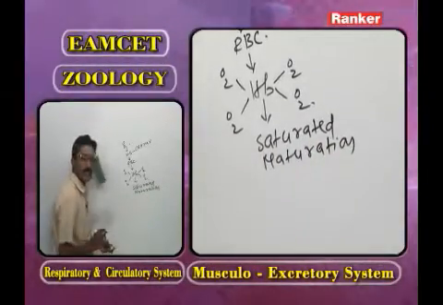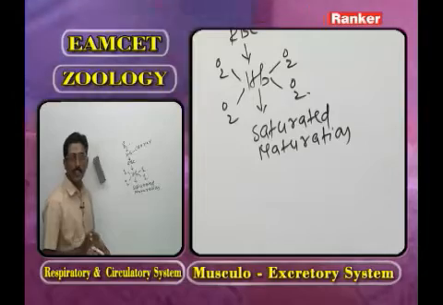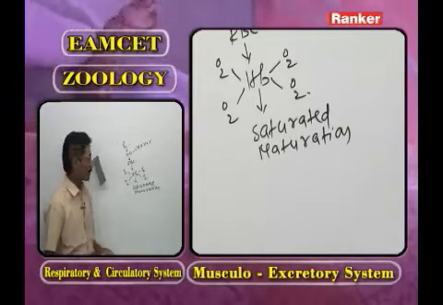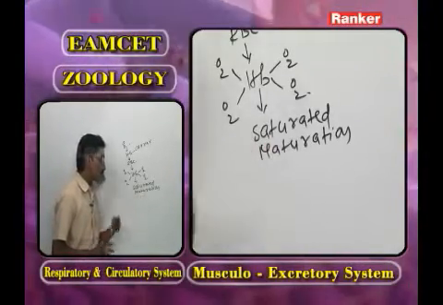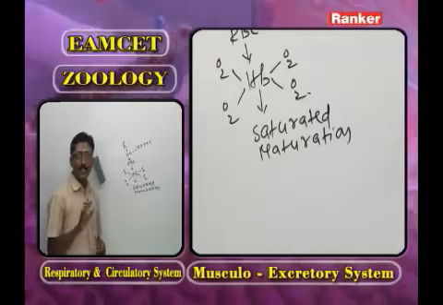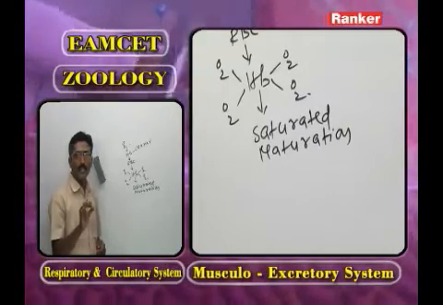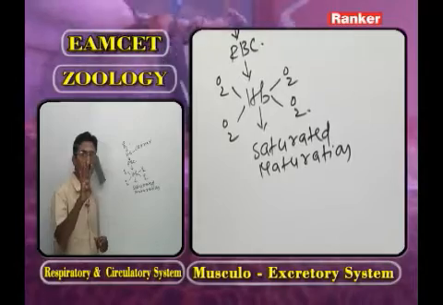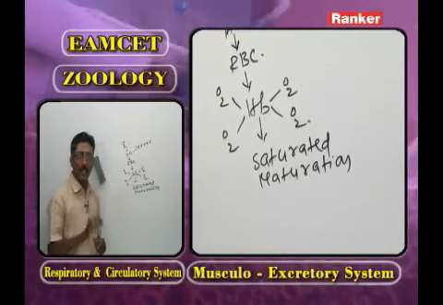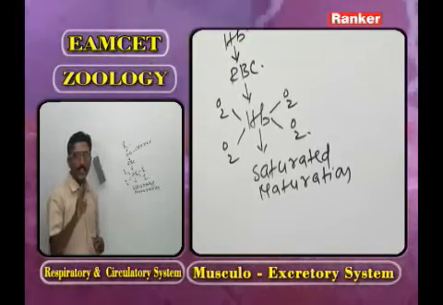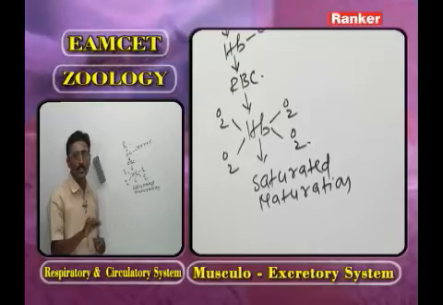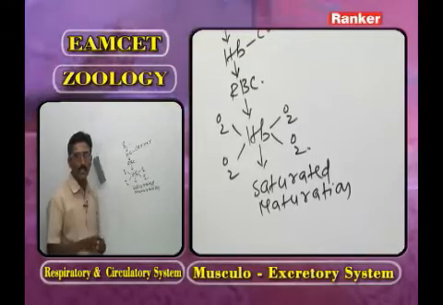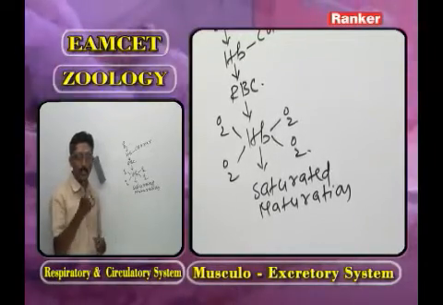If hemoglobin completely matures, it is also called saturation. Whenever the hemoglobin is 100% saturated, it carries how many oxygen molecules? 4. If it is not fully saturated, it carries less than 4 oxygen molecules. They may be 3, 2, or 1.